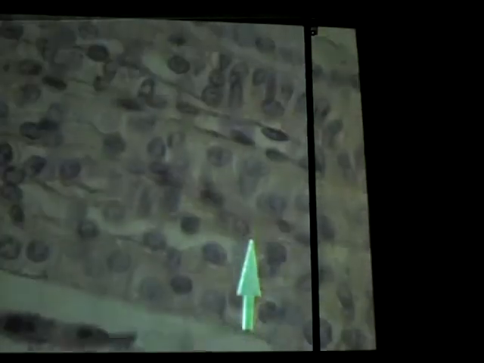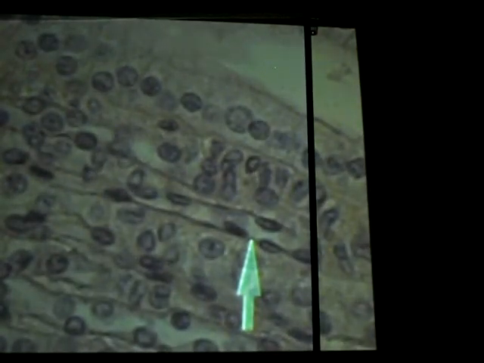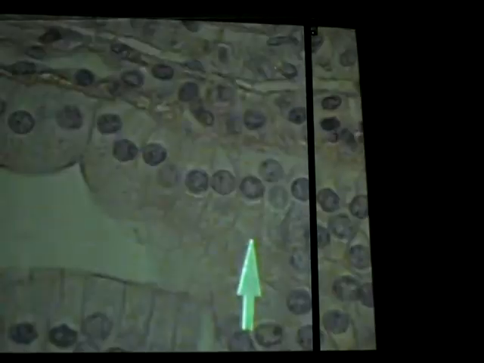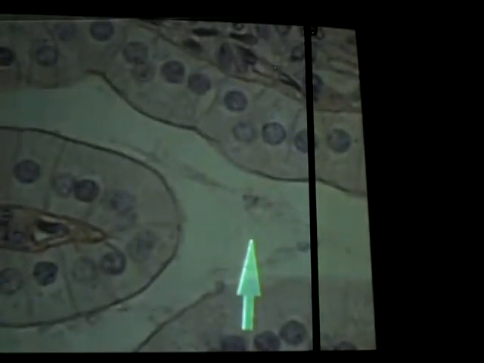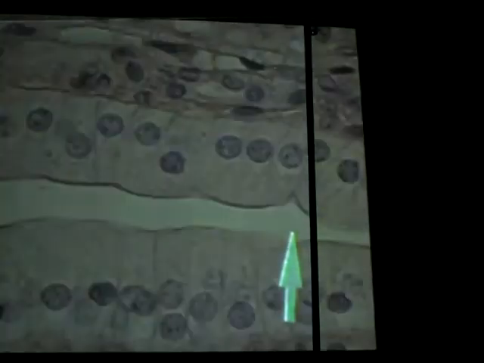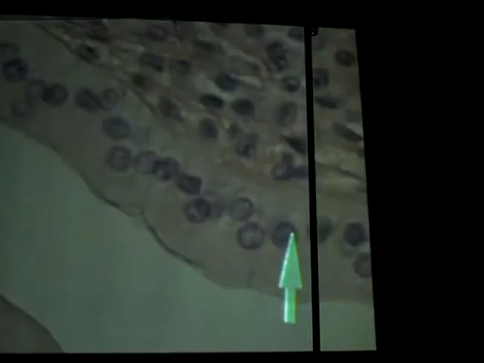Notice you have these larger and larger ducts. You can see here where these two are coming together to form this larger duct. We have our simple columnar going all the way down into the renal papilla.